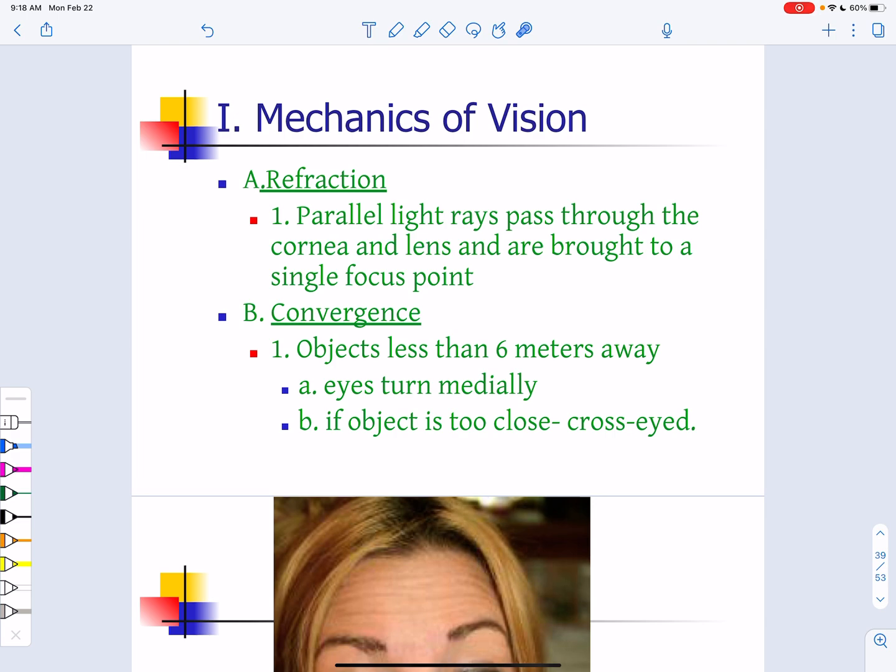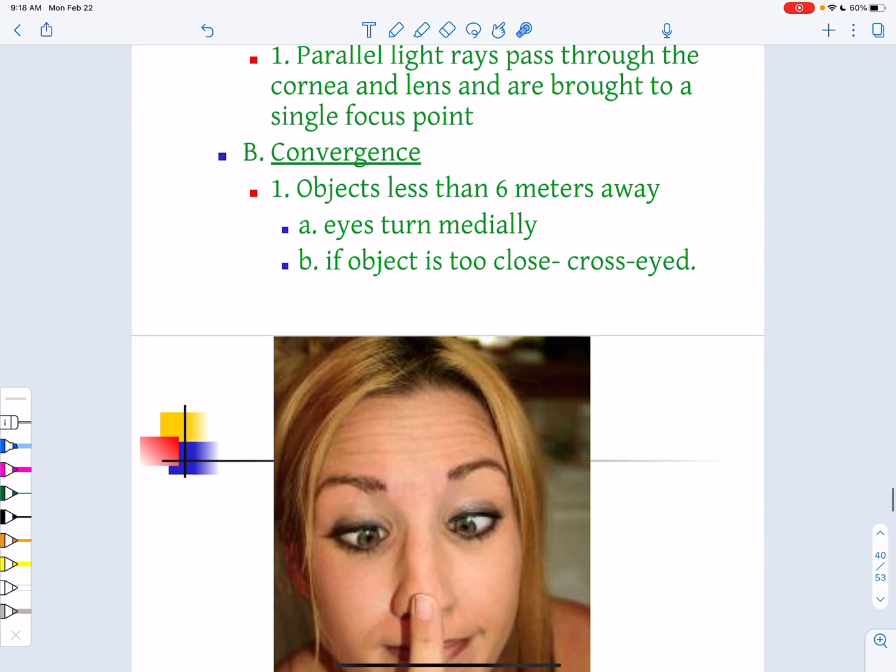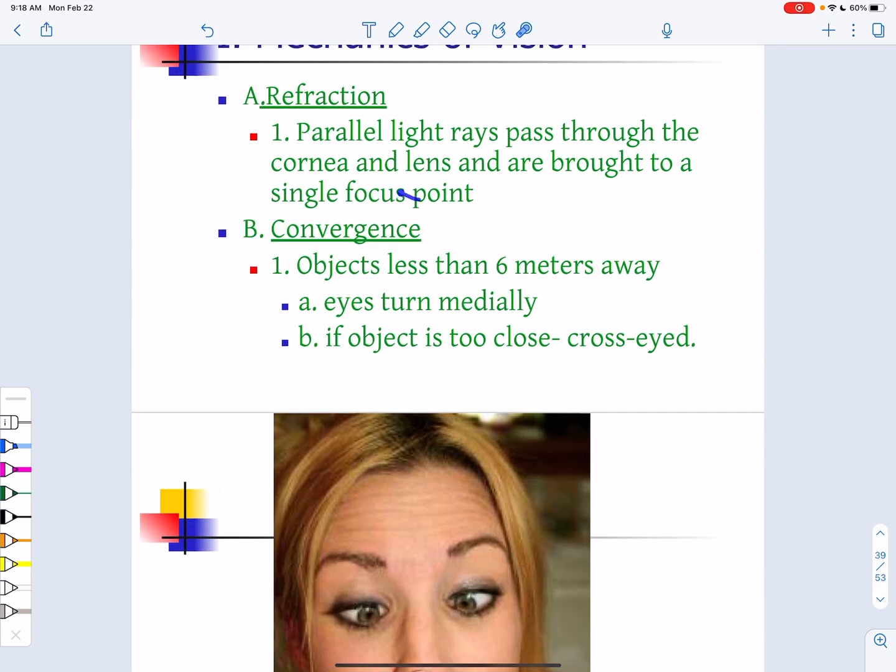So when we look at close things, there's something else that happens. We call it convergence. And this is why I went over the muscles of the eye and why the muscles of the eye are so important. Because if you have something closer than 6 meters away, your eyes have to look inward medially in order to get a single image.